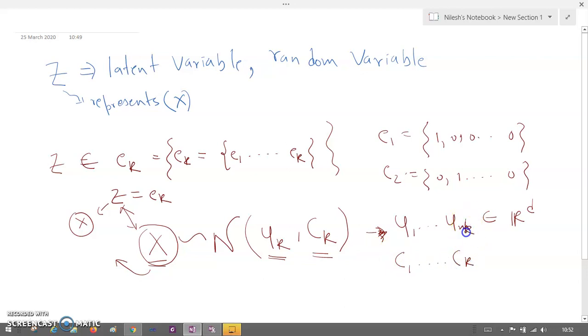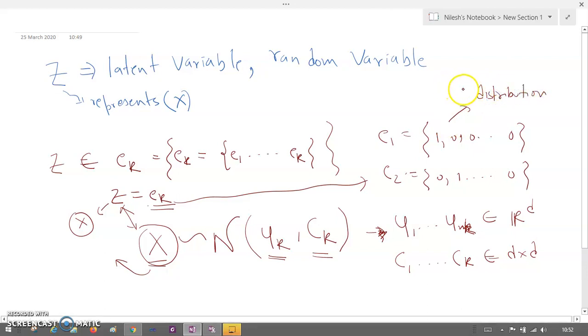Actually this is k, and it belongs to a d cross d covariance matrix. And if my x belongs to some Gaussian distribution, then these e of k, the feature space, the sample space here, these all are in the Gaussian distribution. If my x is in the normal distribution, then they are also in the normal distribution. I can simply say that, right?